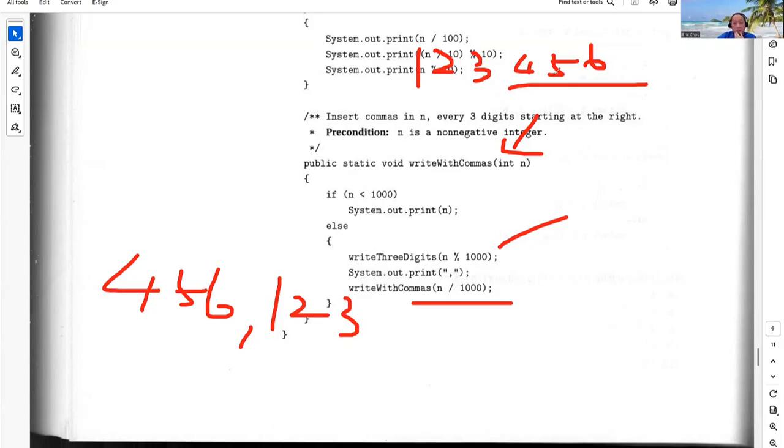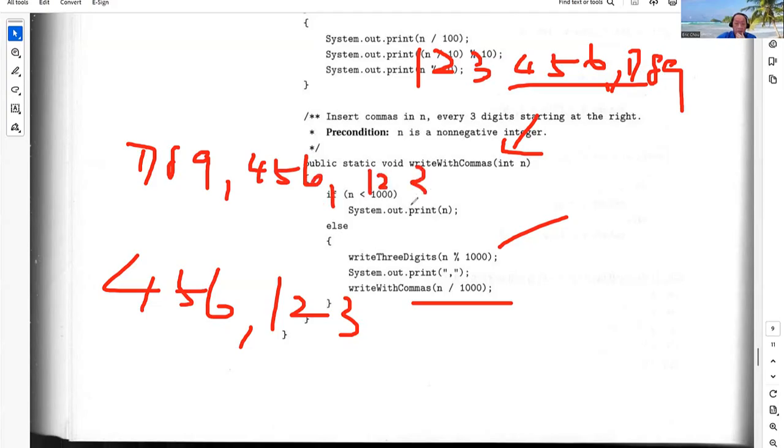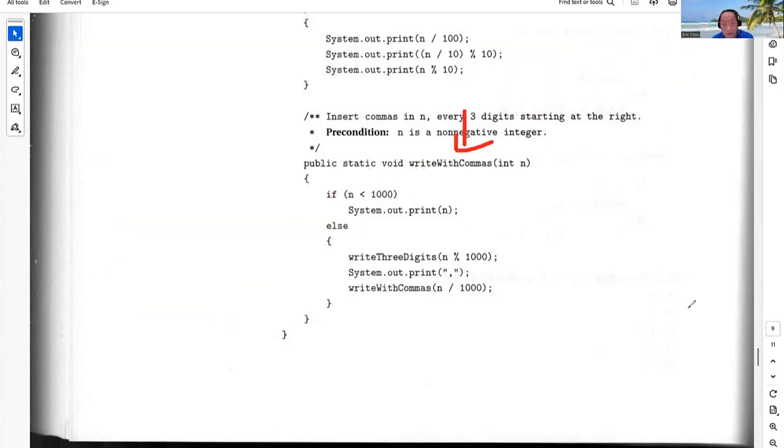If you have 1, 2, 3, 4, 5, 6 and then 7, 8, 9, you do 7, 8, 9, 4, 5, 6, 1, 2, 3. So the function prints out 3-digit groups with comma in reverse order.